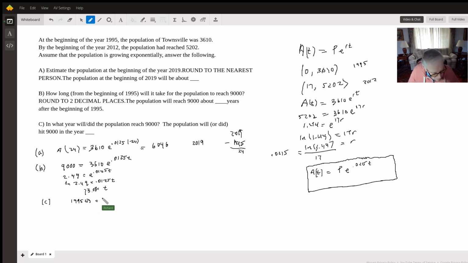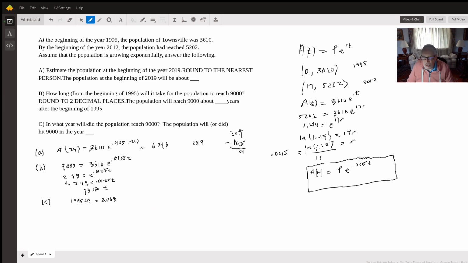So that's nice. So it'll be 2068. So in the year 2068, at the beginning of that year, which is 1995 plus 73 years, the population should be 9,000.